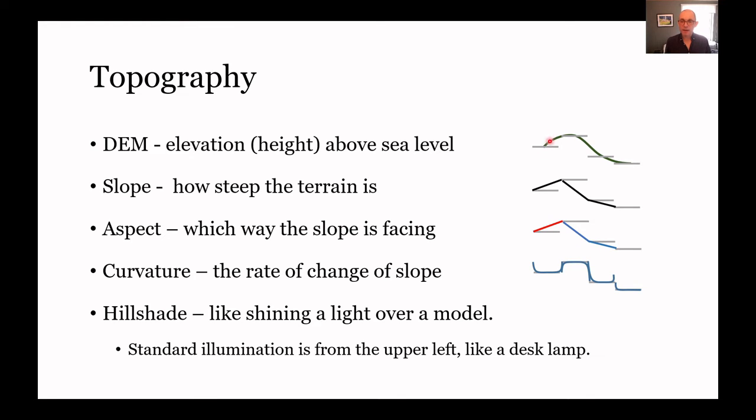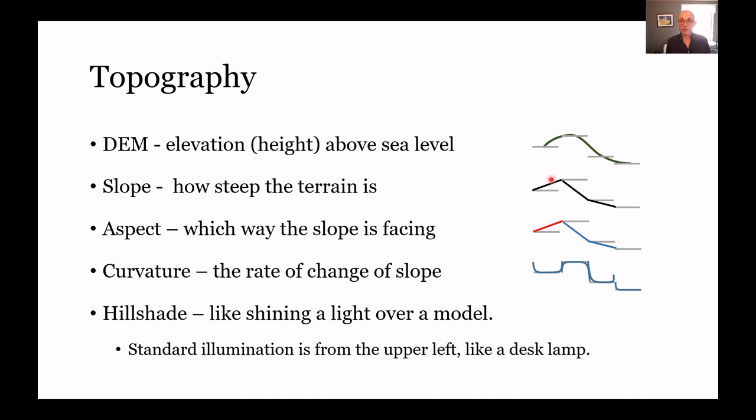But we have our elevation there, and then we can analyze this to see how steep the slope is between the different pixels. So going from one cell to another, we have a particular slope, which is just the distance between the centers or the edges of the cells, it doesn't matter, and the elevation change. That gives us the slope. And then we can analyze this slope further and say, which way is that slope pointing?